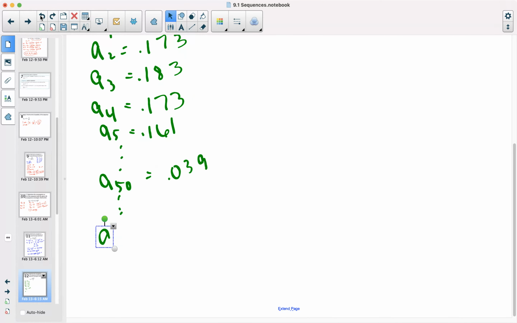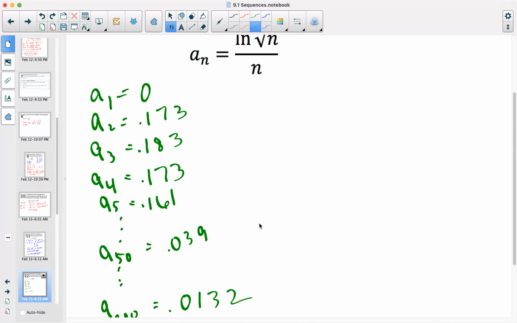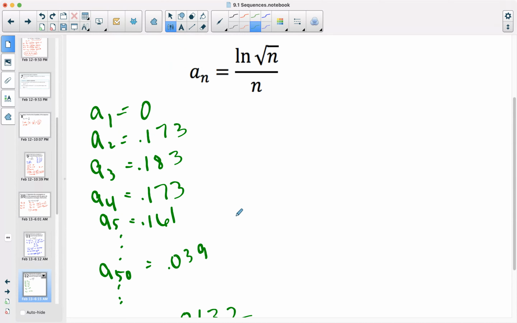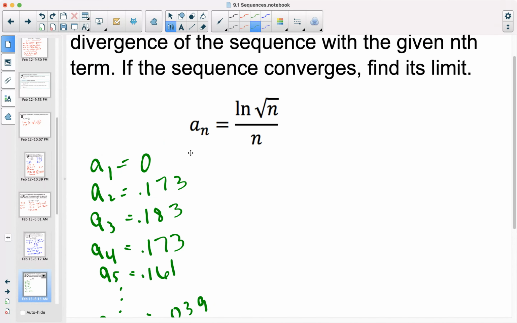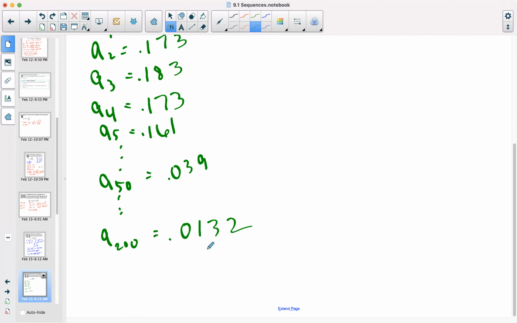Then we go, I lost my spot, to the 200th term, 0.0132. Well, if you look at this, it's kind of going up, going down, going up, then going down, and it's continuing to go down. I'm thinking if we kept trying different terms, this is going to approach 0.